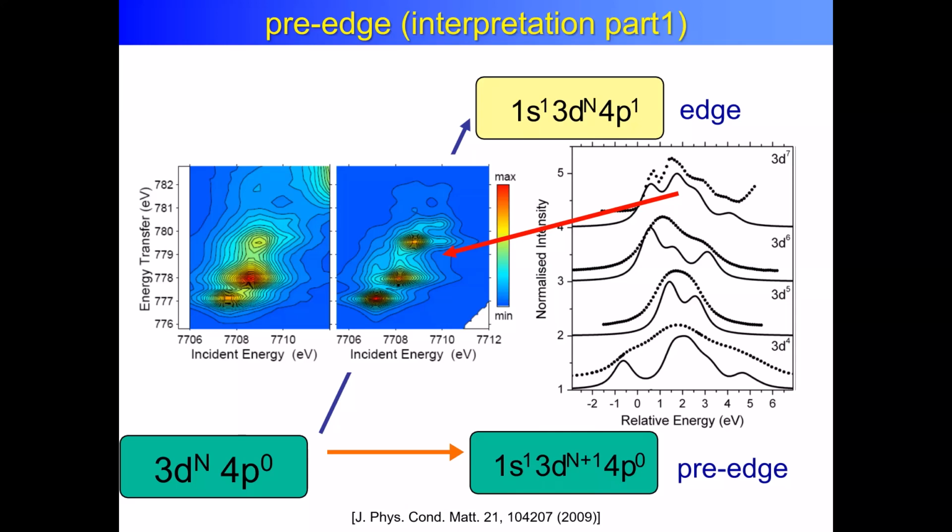This was done by Gyorgy Vanko 15 years ago, never published because the paper was never accepted, but he published it a few years later in another paper. And then you can nicely see that the multiplet calculations of the 1s excitation and the 1s2p X-ray emission are reproduced by the calculations in the middle blue screen, confirming the fact that you can analyze the pre-edges with multiplets.